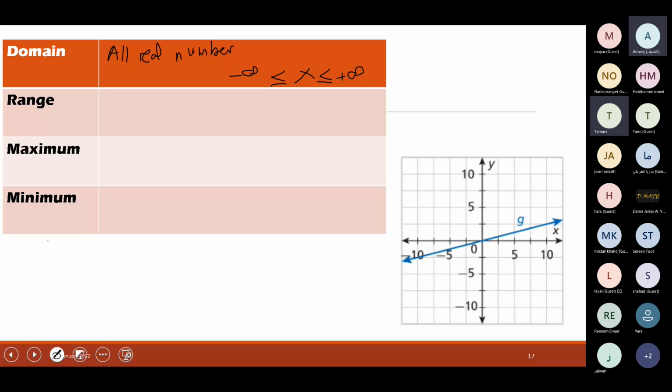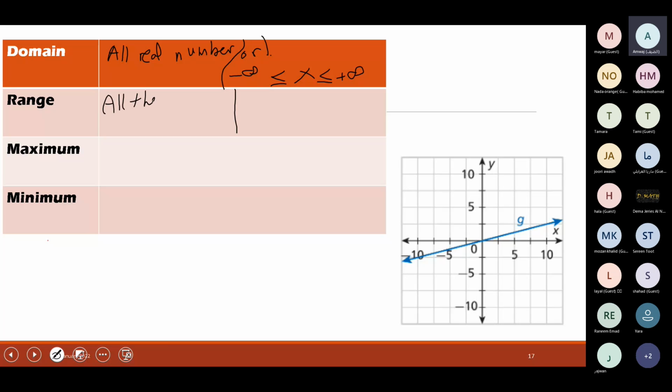Yes, Tamara. Where is the range here? Do you want me to say all real numbers from negative infinity, y greater than or equal to? Yeah. In order to write the range, you have two or three ways.